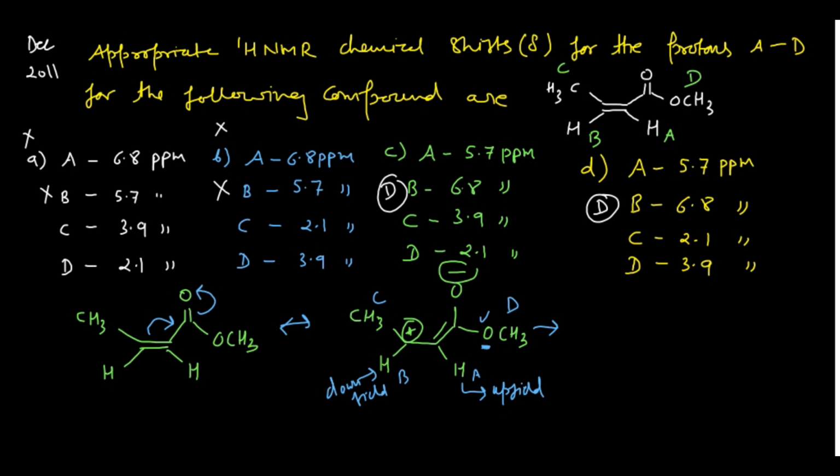Now you check which one is correct, C or D. Let's move to the other chemical shift. This OCH3, type D proton, it is connected with the oxygen, so it should be downfield when compared to the C. This is the methyl, this is also methyl, but this methyl is connected with the carbon, and it will give you the singlet.